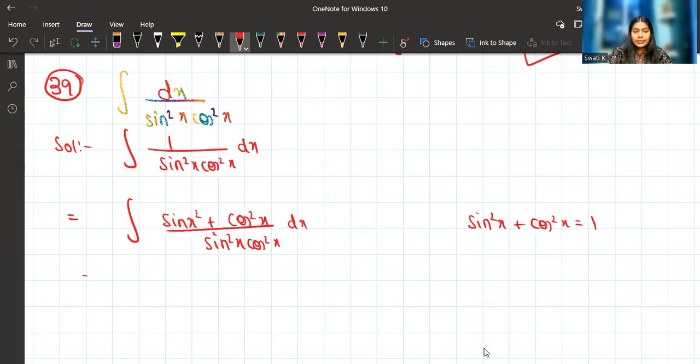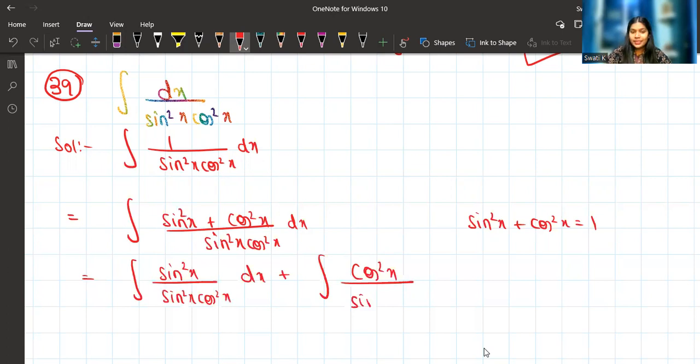Now, if I separate the LCM, it will become, I'm extremely sorry, here it's sine square x. So this will become integration of sine square x upon sine square x cos square x dx. I'm separating the integration here itself. And then again integration of cos square x upon the LCM, that is sine square x cos square x, dx.